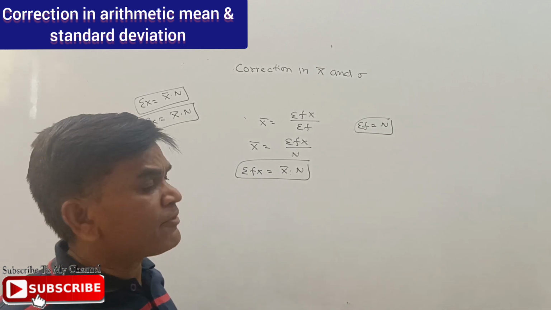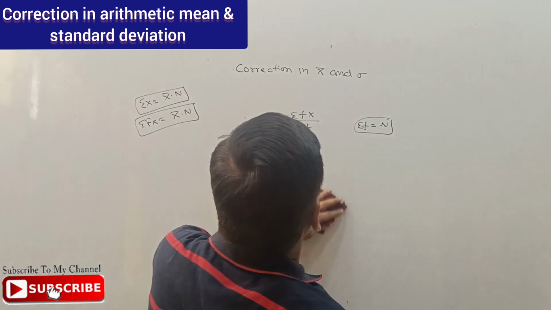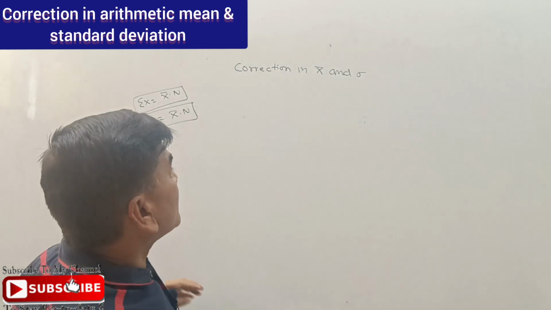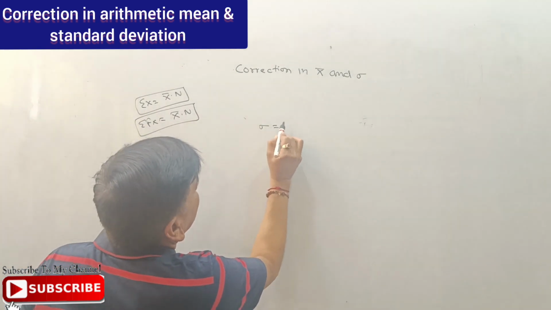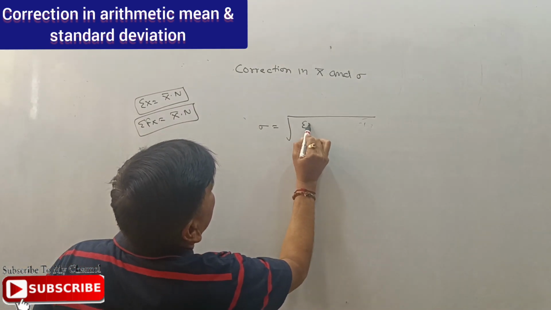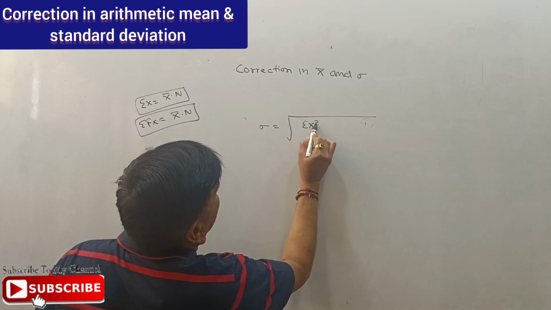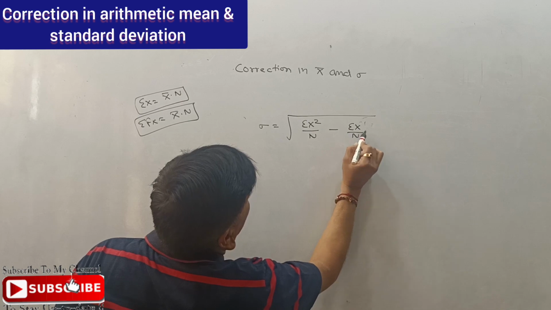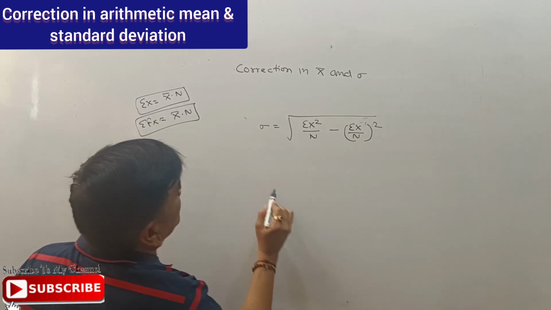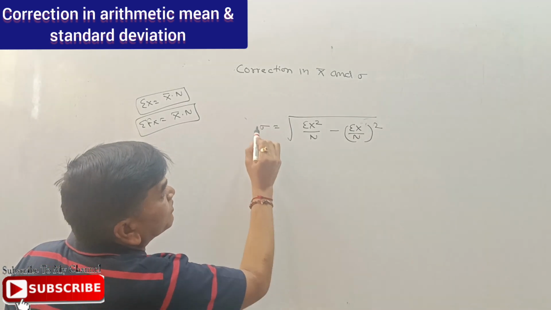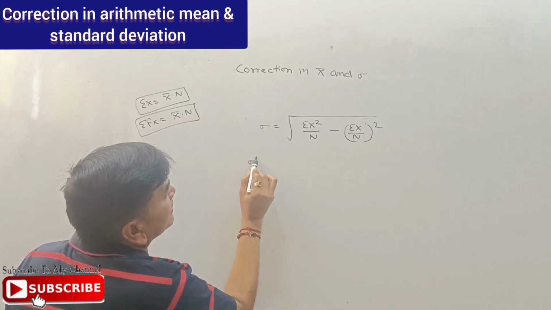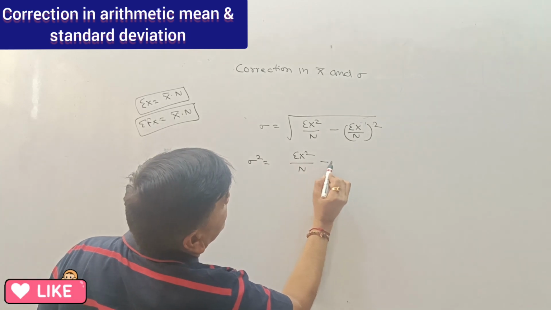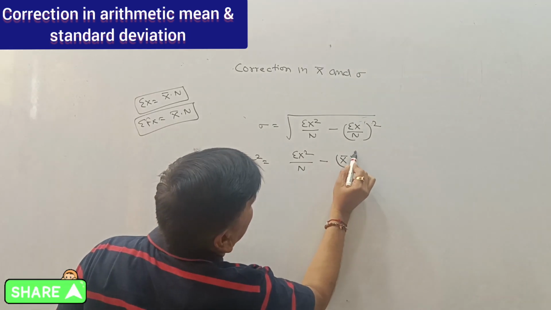So, how do we correct our standard deviation? We already know the formula for the standard deviation: the square root of sigma x square divided by n minus sigma x upon n raised to power 2. Squaring both sides, standard deviation square is equal to sigma x square divided by n minus x bar square.